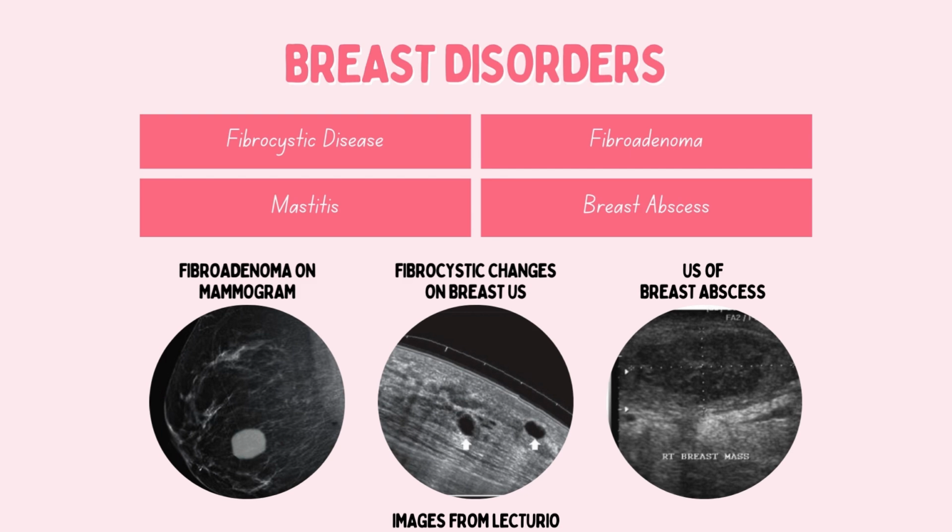So the images I have on this slide, there is one there of a breast abscess, and then next to that are fibrocystic changes. You could see the very distinct cysts with nothing in them for fibrocystic changes. And then the fibroadenoma is just solid, not vascular, no calcifications, like it's just a solid blob.